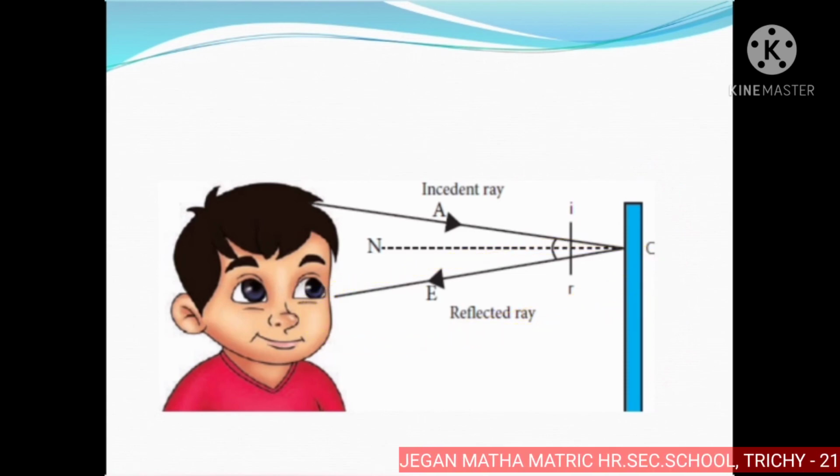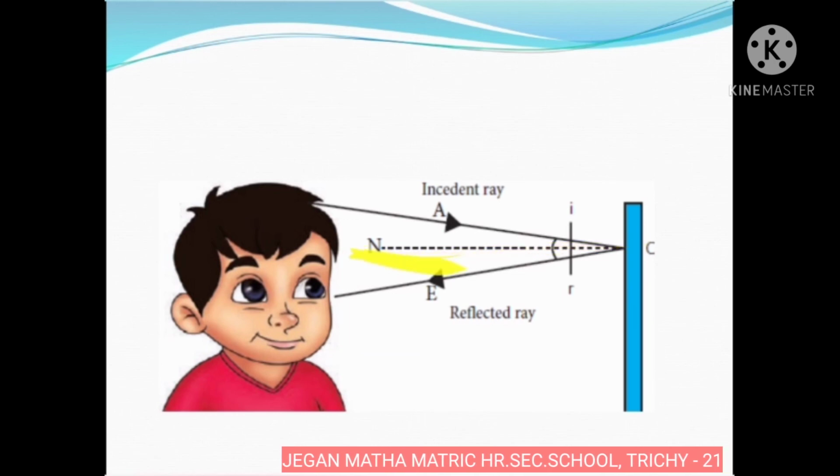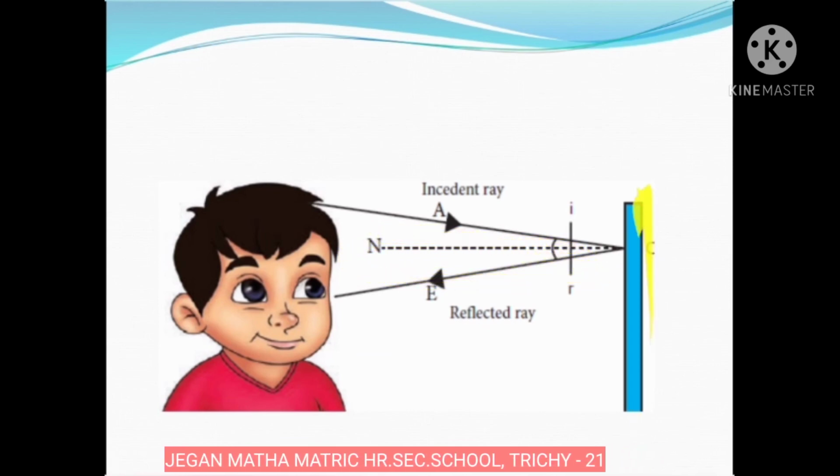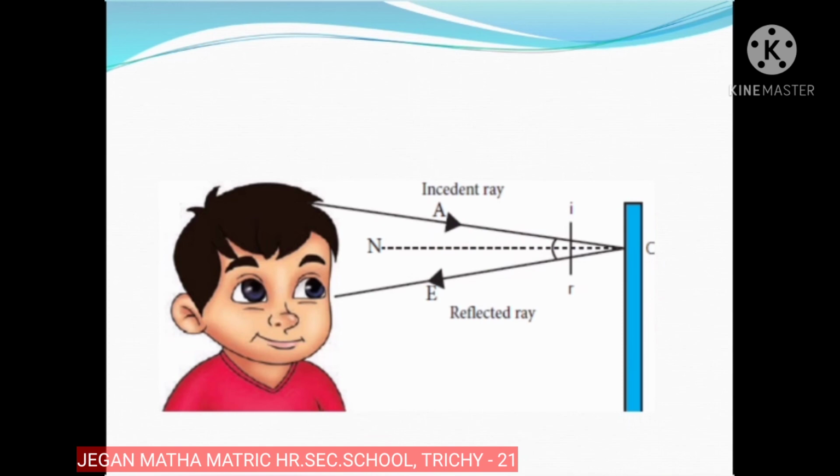This ray makes an angle of reflection R with the normal. So here the normal is the line ON. Perpendicular to the surface is known as the normal. So this line is known as normal. This is perpendicular to the surface. So here the incident ray makes an angle of incidence I with the perpendicular line ON.